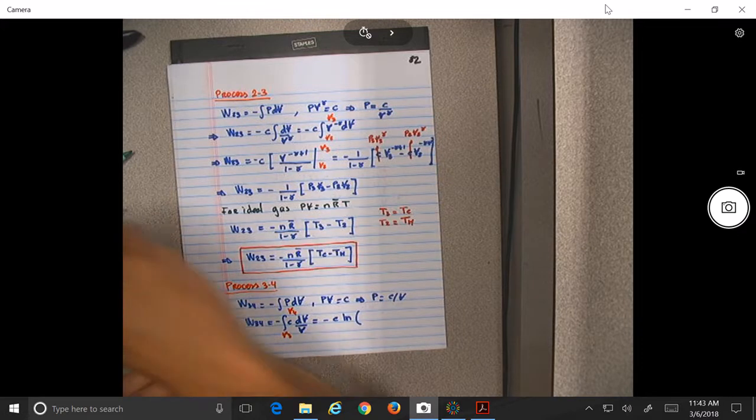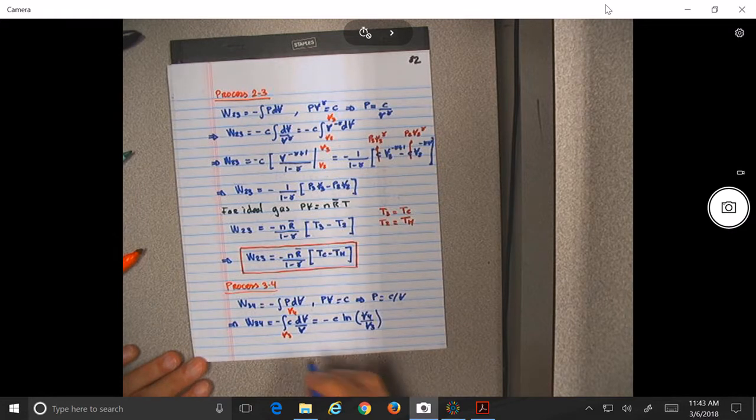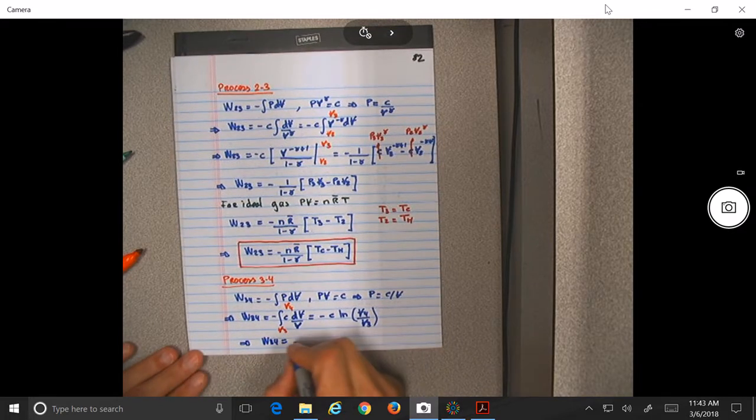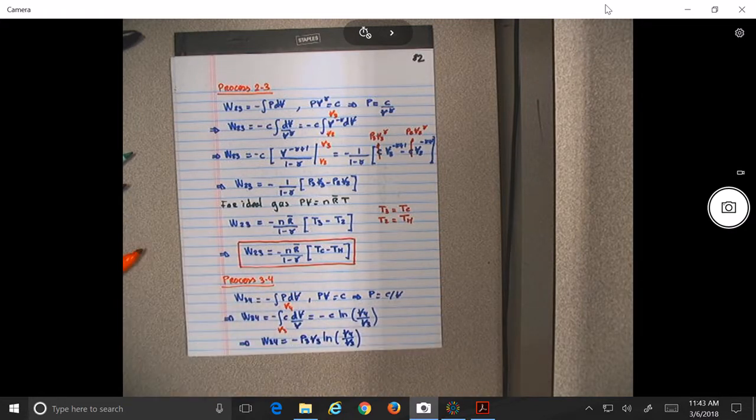V3, V4, so this will be V4 over V3. Work 3/4 equal to minus P3 V3 log V4 over V3.